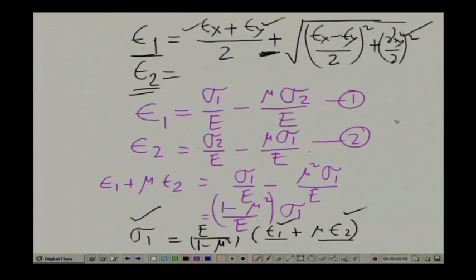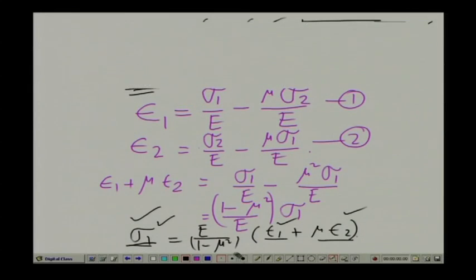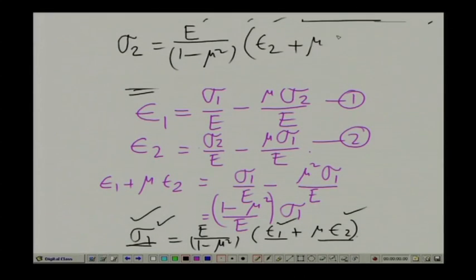So, once we measure strains along three directions, we can compute epsilon x, epsilon y, gamma x y, and from those, epsilon 1 and epsilon 2, and once we know epsilon 1 and epsilon 2, we can find the stress sigma 1. Likewise, sigma 2 equals E by (1 minus mu square) into (epsilon 2 plus mu epsilon 1).